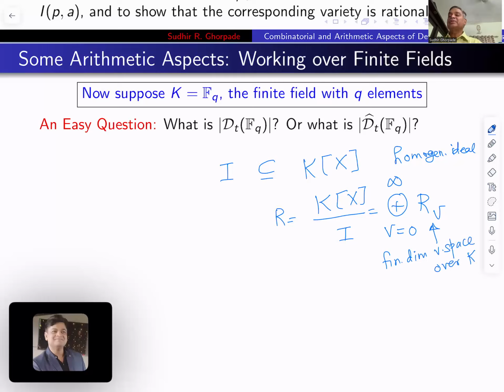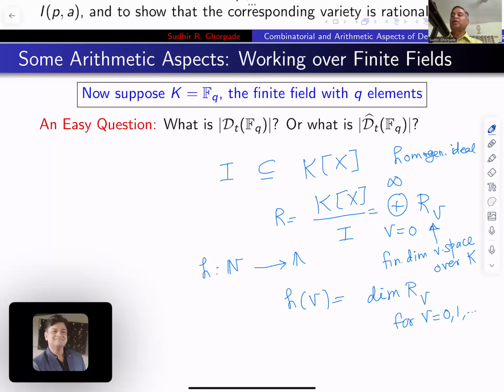So you do a natural thing: you take a function H(v), which is equal to the dimension of R_v for non-negative integers v, 0, 1, etc. So this is a function from the set of non-negative integers to the set of non-negative integers.